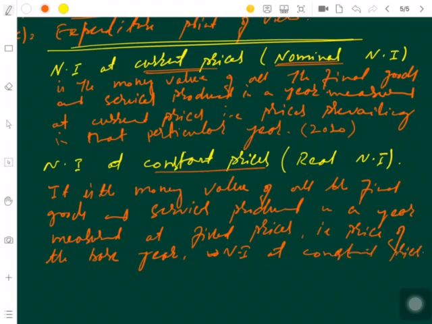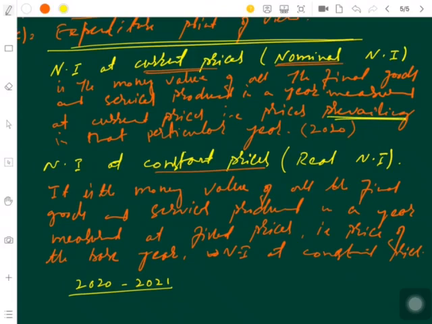So let us understand these two small things, then we'll proceed with an example. This time we are in the financial year 2020-2021, and the prices prevailing in the market this time, if we calculate national income on those prevailing prices, it will be termed as national income at current prices.